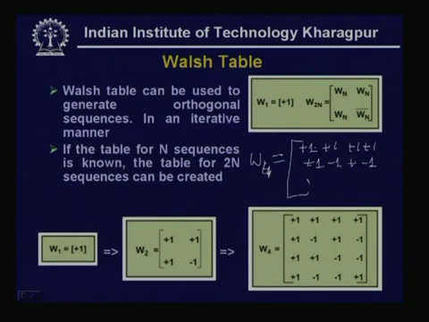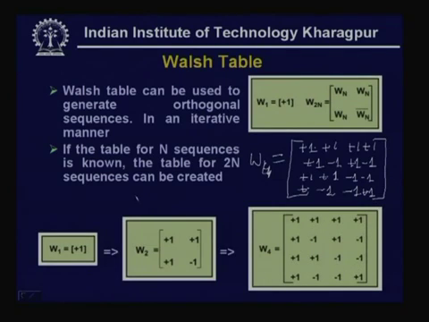Here also you have to put Wn, so +1, +1, +1, -1. Now here you have to put the complement of that. Complement is -1, -1, -1, +1. This is exactly what you have got.